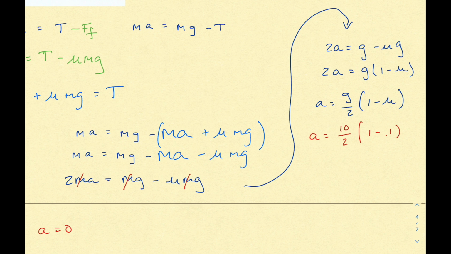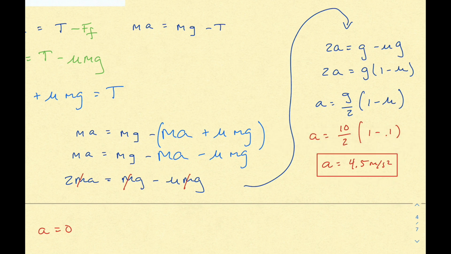So that is 5 times 0.9. Yep, 5 times 0.9. That's just 10% is taken away, so 0.5 is taken away. So that means acceleration is 4.5 meters per second squared. All right, and so we have an answer right there.